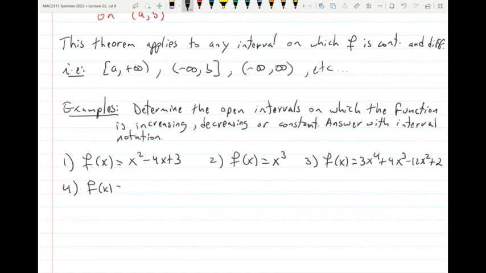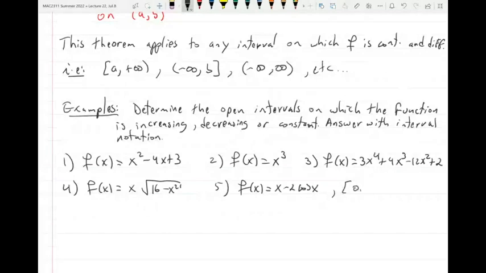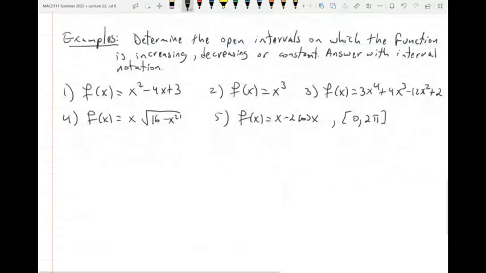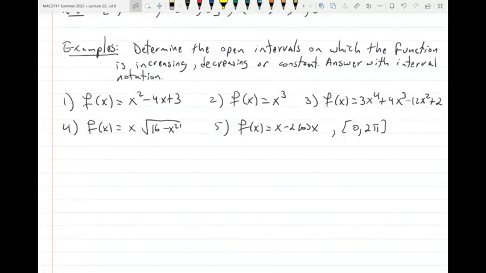And let's do x times the square root of 16 minus x squared. And then let's do f of x equals x minus 2 cosine x. Here let's just focus on the interval from 0 to 2 pi. Inside that interval, let's find when it's increasing and when it's decreasing. Once we do these examples, you should have a good understanding of how to solve nonlinear inequalities. Okay, so solution.